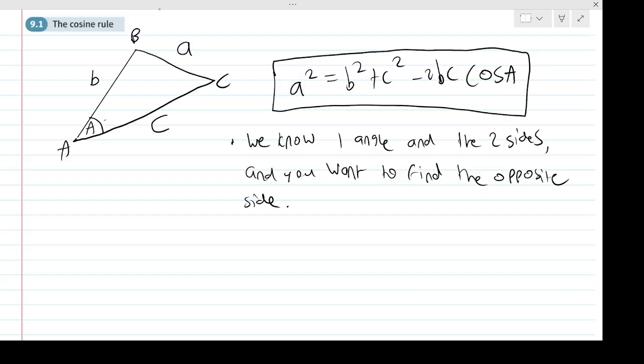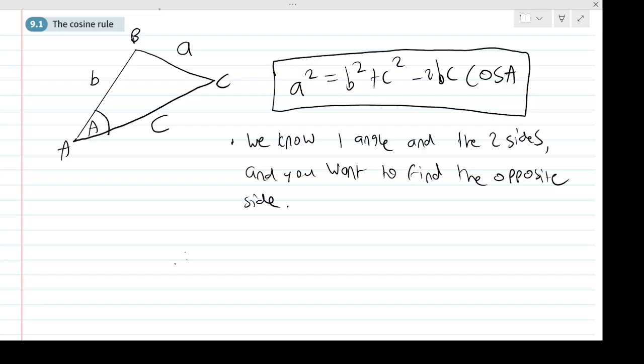But the other thing to note is we can rearrange it. Say instead we know all three sides, A, B, and C, and we need to find a missing angle, say again at A, the angle at the point A. We can rearrange this equation for the angle A. So if I want cosine of A as the subject, firstly I need to take away B squared and C squared.